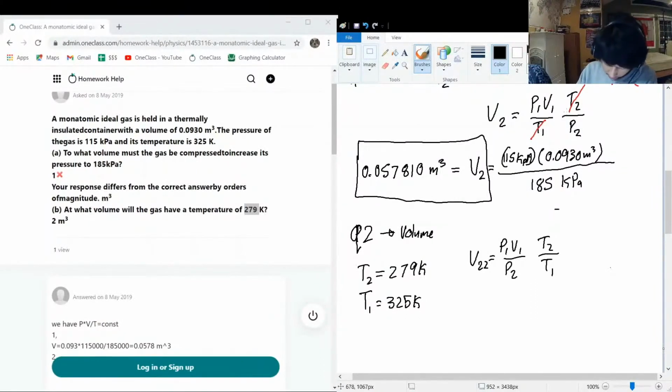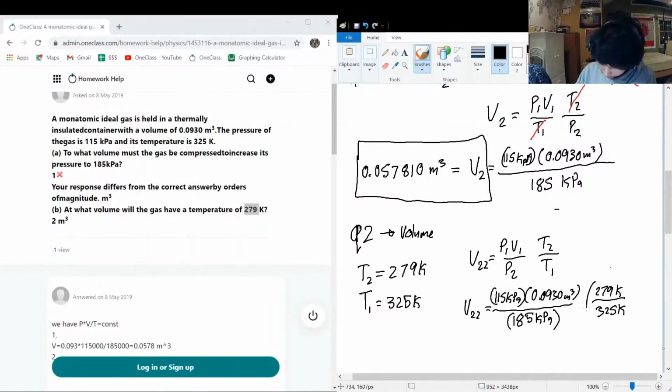So V22 is equal to 115 kilopascals multiplied by 0.0930 cubic meters, over 185 kilopascals, multiplied by T2, which is 279 Kelvin, over 325 Kelvin.